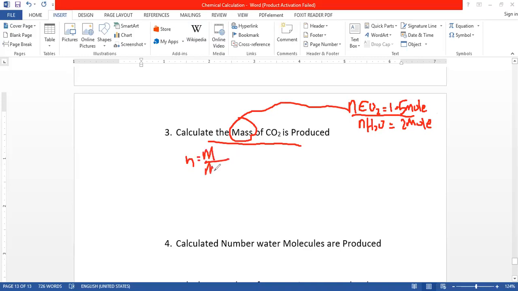So to find the given mass, now what you have to use? Given mass is equal to n times molar mass. n is how much?